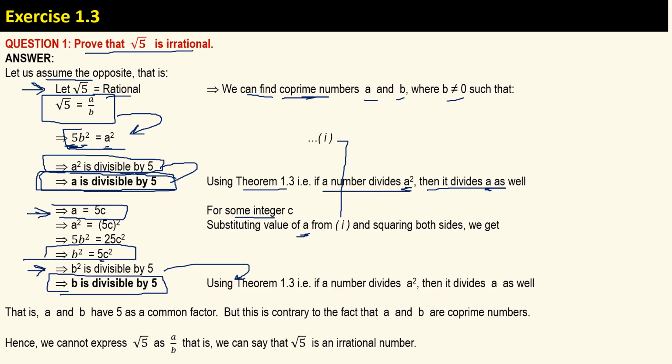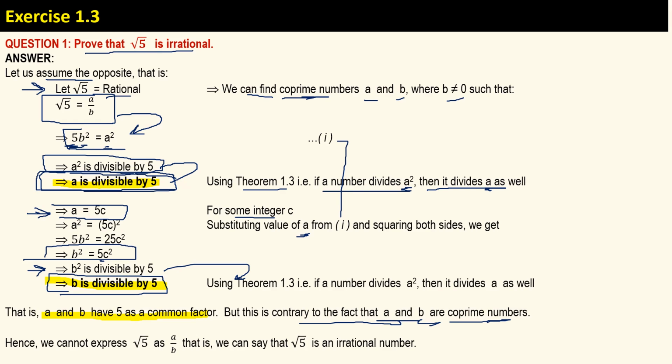So if we see these two equations that we have arrived at, that b is divisible by 5 and a is divisible by 5, we see that a and b have 5 as a common factor. But we realize that this is contrary to the fact that both a and b are co-primes, because co-primes have only one highest common factor, HCF, which is equal to 1.